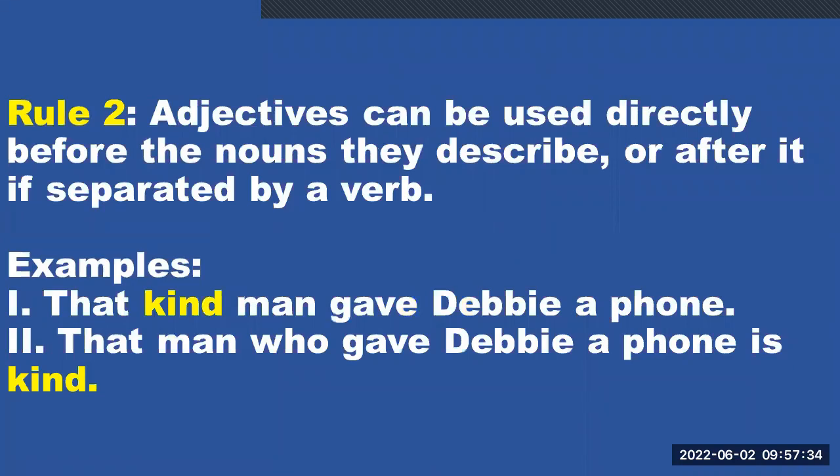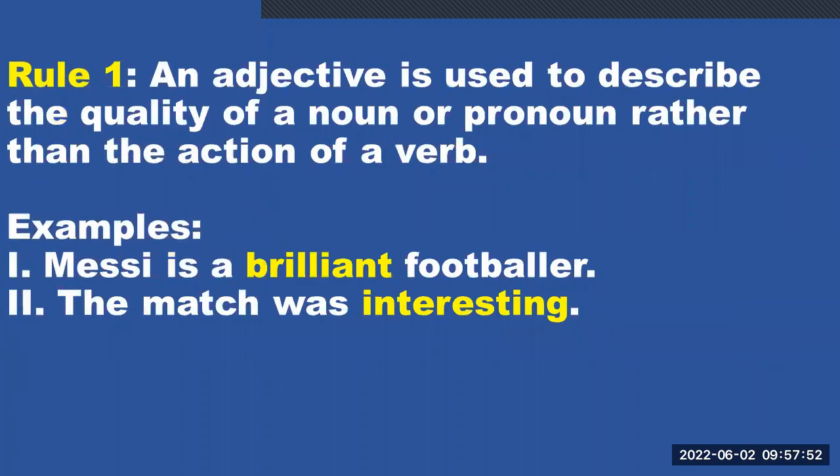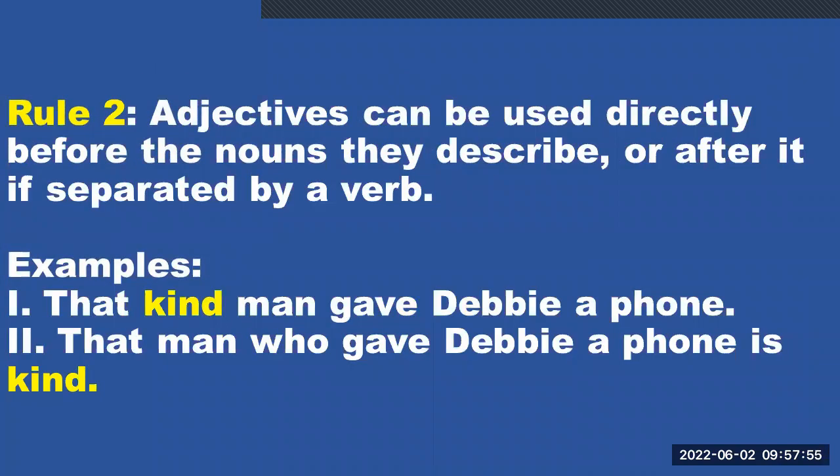Rule number 2: adjectives can be used directly before the nouns they describe or after it if separated by a verb. The first two examples already showed us how this principle works, but let's look at other examples here.